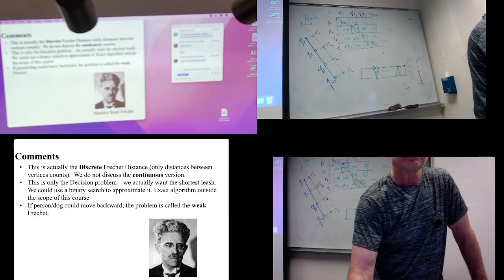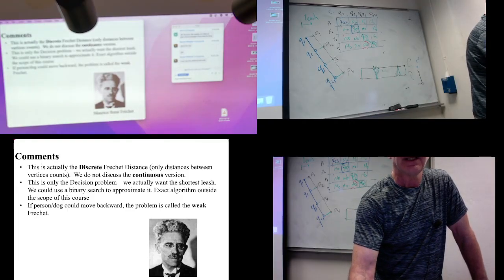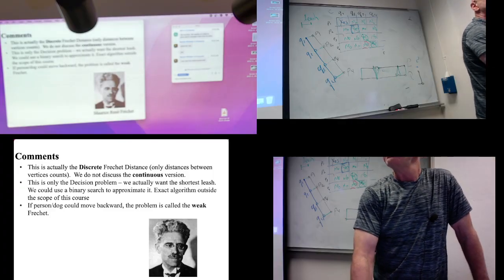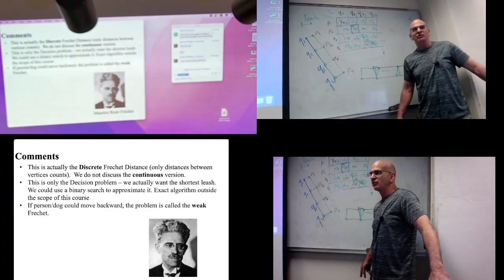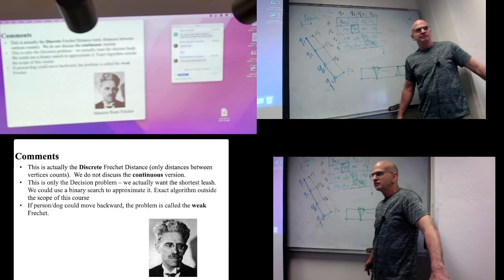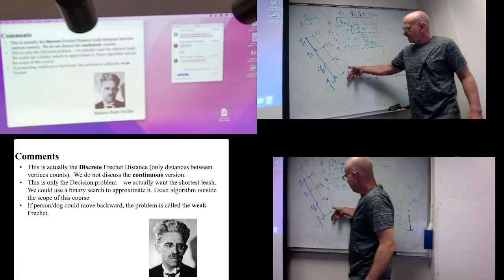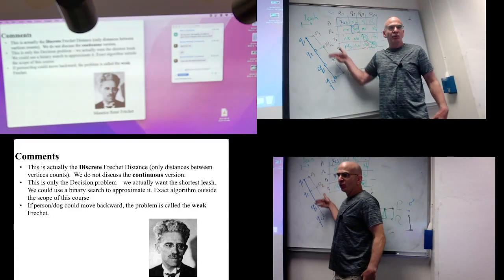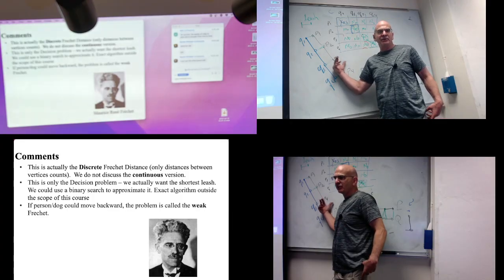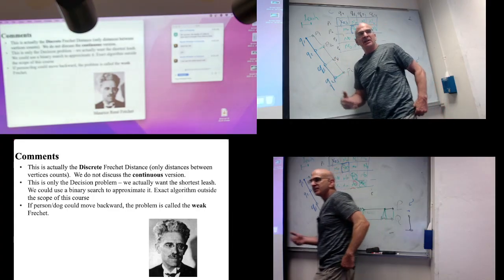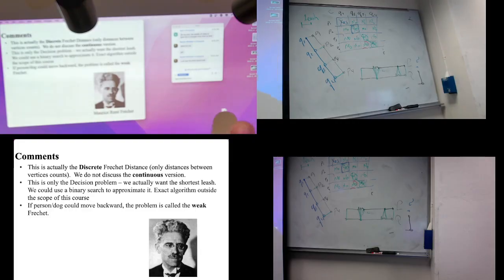There is less importance about the path. Now you can speak about the weak Frechet versus a strong Frechet. Weak Frechet will ask, can the dog or the person move backward or not? And I'll ask you in the homeworks to play with similar questions, weak versus strong.